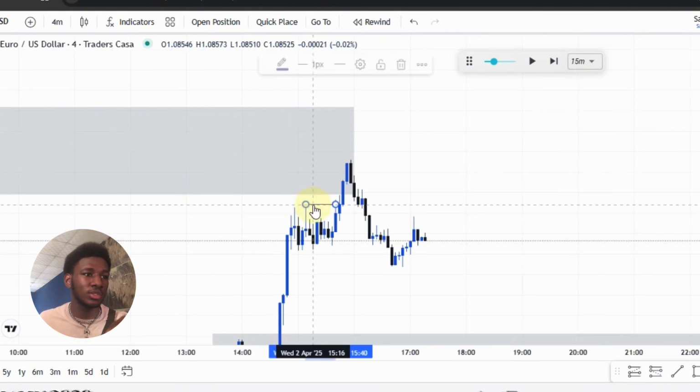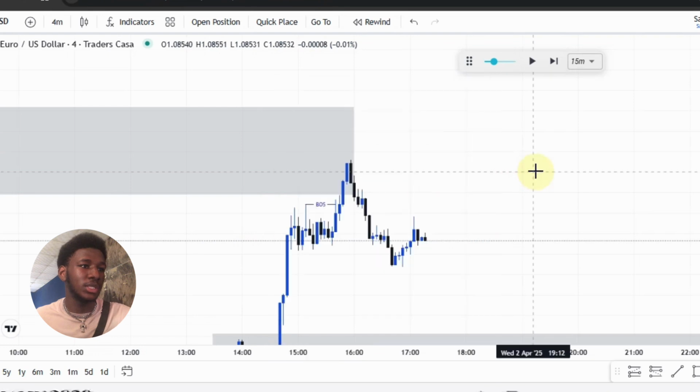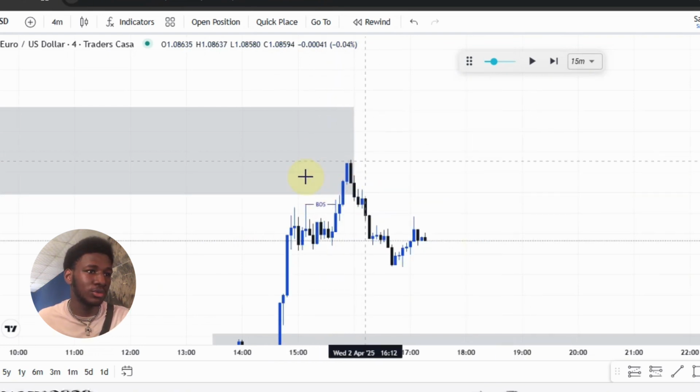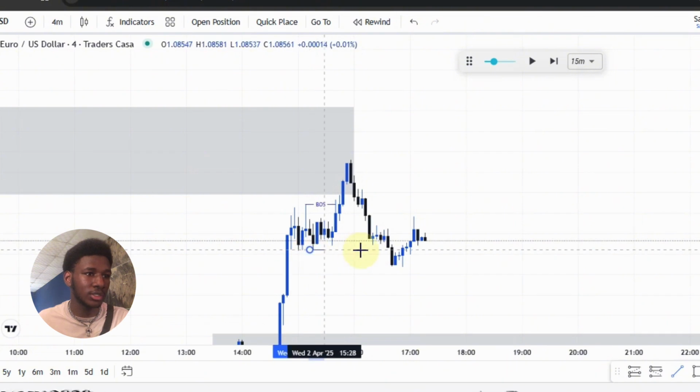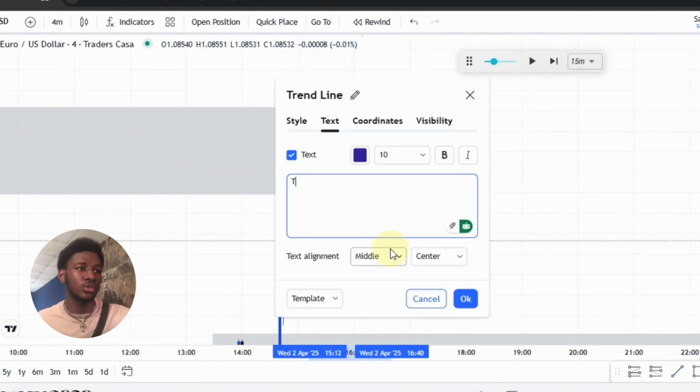So what do we have here? This was the last high price formed before mitigating our fair value gap zone here, and then this was the last low, giving us a change of character, right? A trend change, a market structure shift, whatever you want to call it, is all the same.